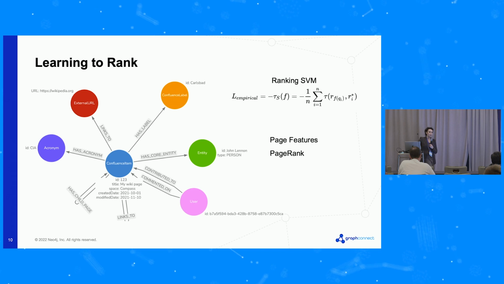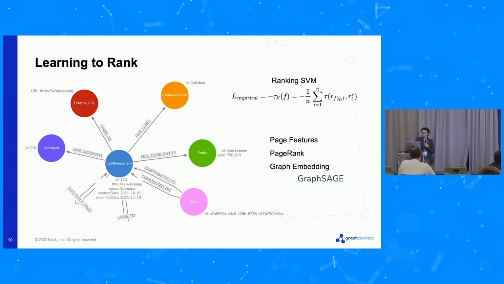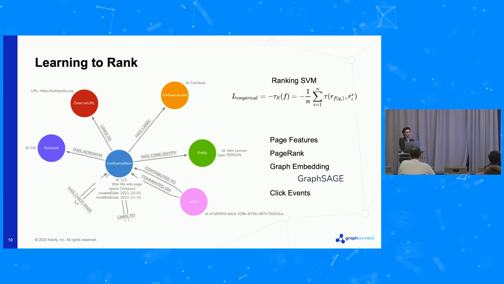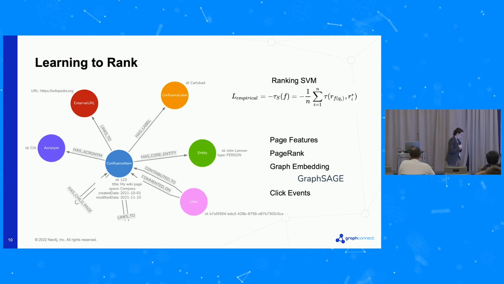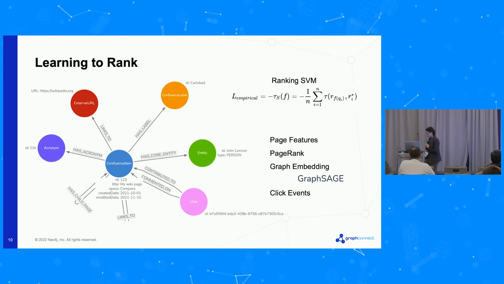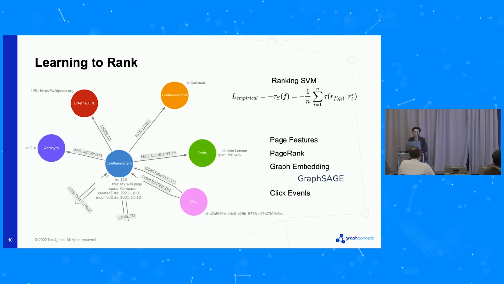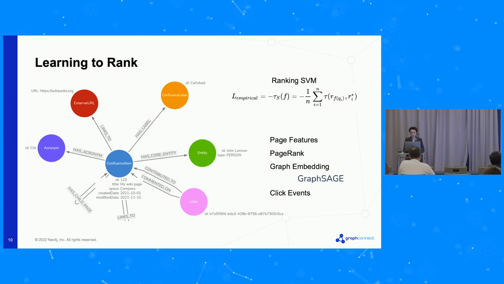We're also leveraging PageRank. We're using graph embeddings, and for that, we are leveraging GraphSAGE, and we're using click events. So right now, we're based on what a user is searching and what is clicking. We grab those click events and use them in our relevancy model. We're excited to take this to the next step to a more personalized relevancy, but that'll be upcoming in the future.